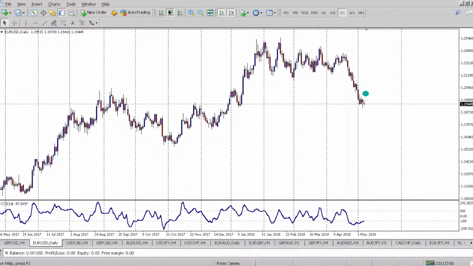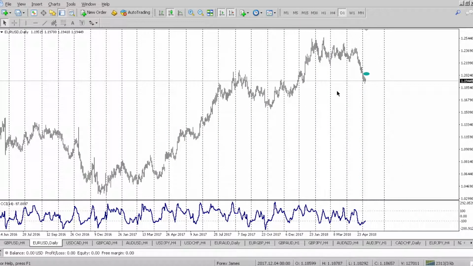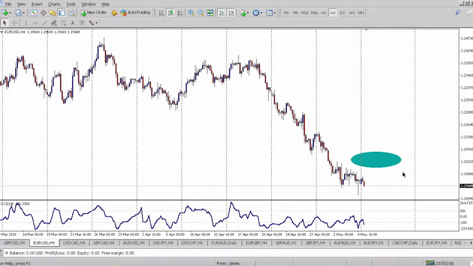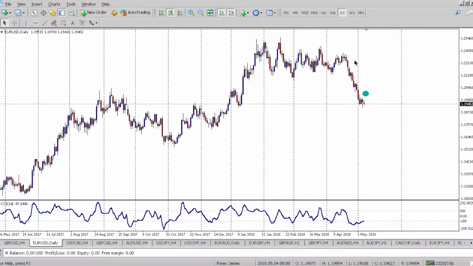I don't even have to zoom out and see the bigger picture, because once you see a move like this, it's going to take time if price were to reverse to the upside. Once the market has picked a direction, it's going to still stay in the direction for a while.